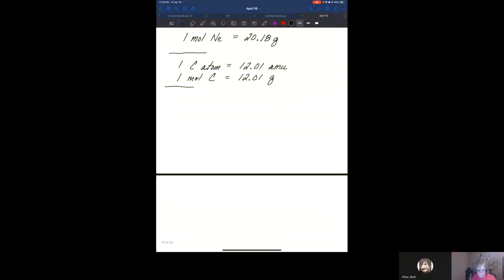And that's where the molar mass comes into play. So molar mass of an element is from your periodic table.